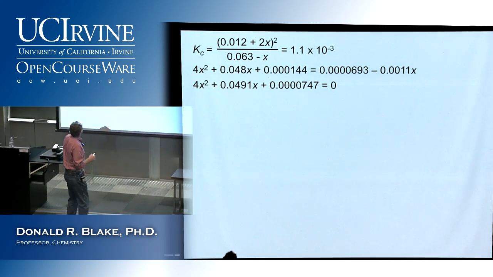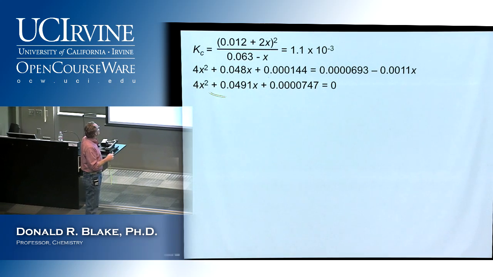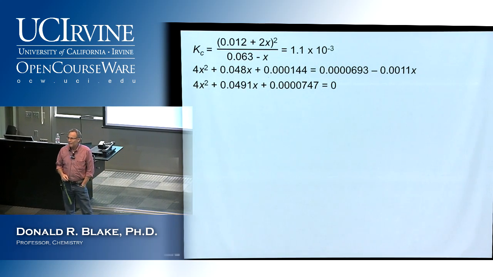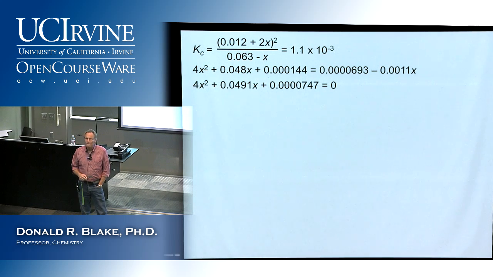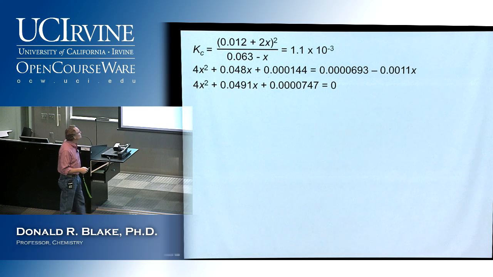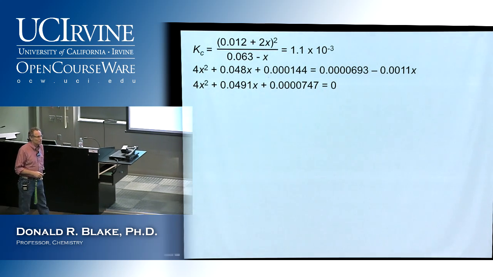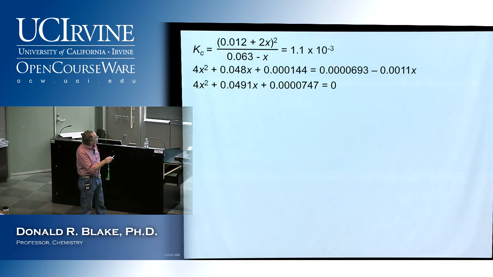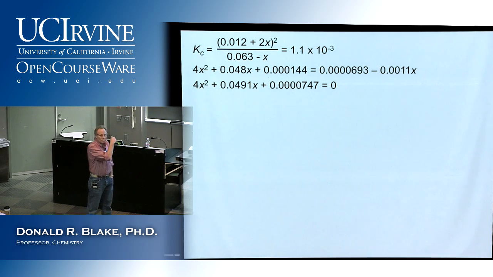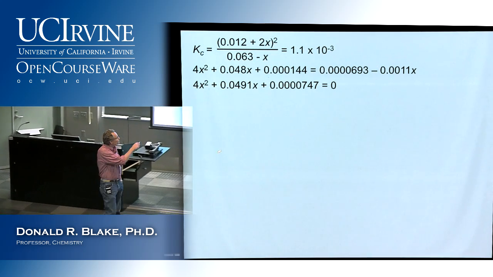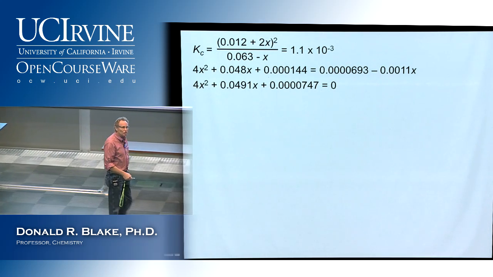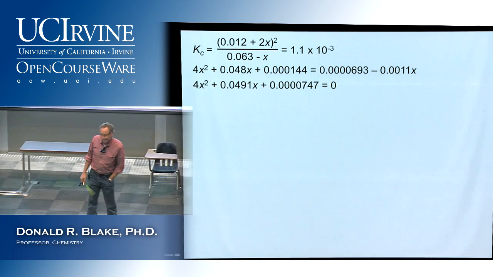Lucky us. How many got this far? How many need more time to get that far? How many don't have a clue? I saw one hand. So multiply that thing out, add stuff, subtract stuff, put it together, and then set it equal to 0. Once it's set equal to 0, then you've got your A, B, and C for the quadratic.